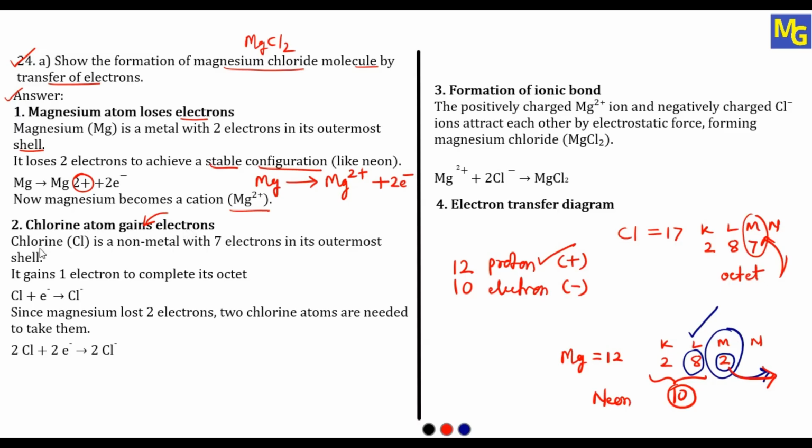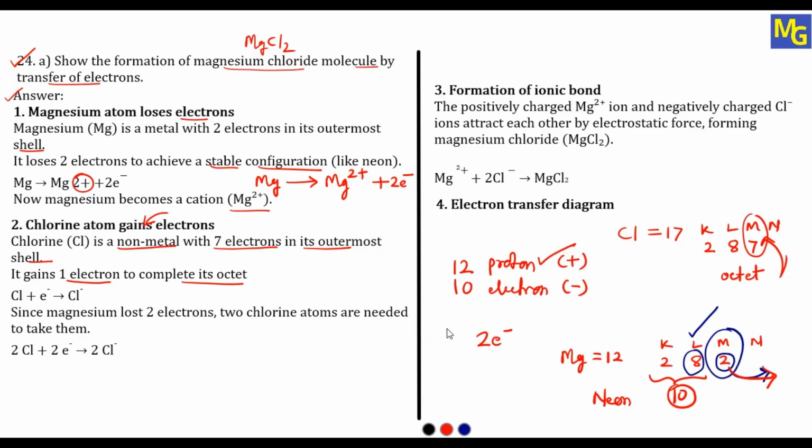Now see, chlorine, that is Cl, is a non-metal with 7 electrons in the outermost shell. Just now I have explained. It gains 1 electron to complete its octet. Now how can it be shown with the help of a reaction? See here, Cl plus e-, this e- means 1 electron. If you want to write 2 electrons, it will be written 2e-. Once you take that electron, the Cl will get a negative charge. Now you can understand why.